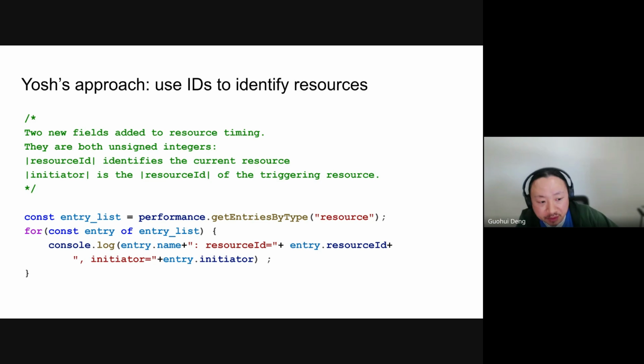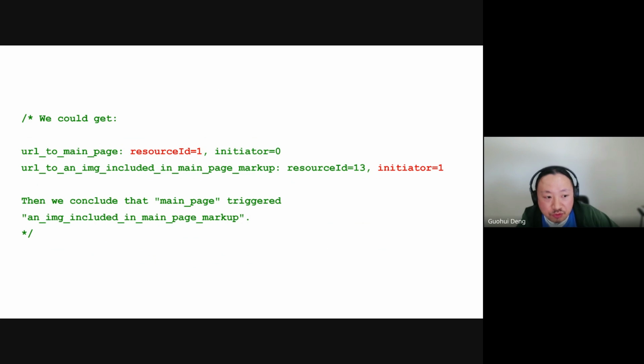Here's the example. Every resource timing entry will return two additional fields called the resource ID and an initiator. The resource ID just identifies the current resource. For example, here we get two entries. One is the main page, another is an image that's included in the main page.